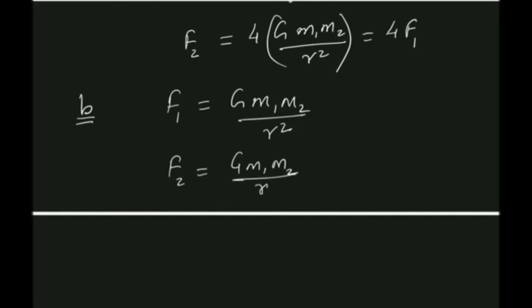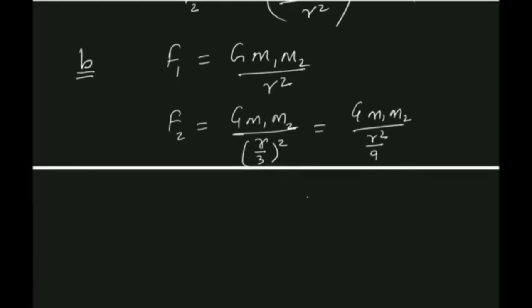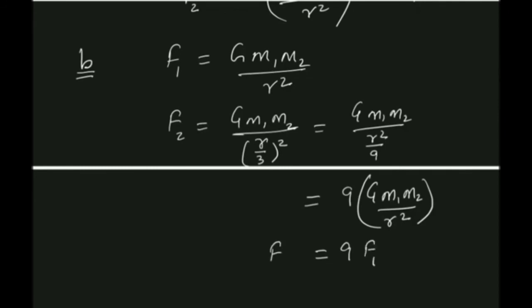It means I have to write r upon 3 whole square, or you can write G m1 m2 upon r square upon 9. So this 9 will come in the numerator, 9 G m1 m2 upon r square. Now this is F1. So it means the new force will become 9 times.